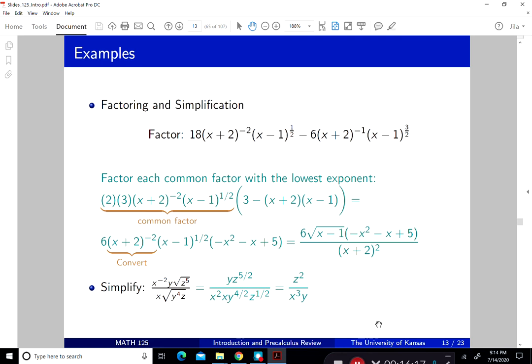Then simplify it with a y on the top, and you get y in the bottom. And so the entire thing simplifies to that.